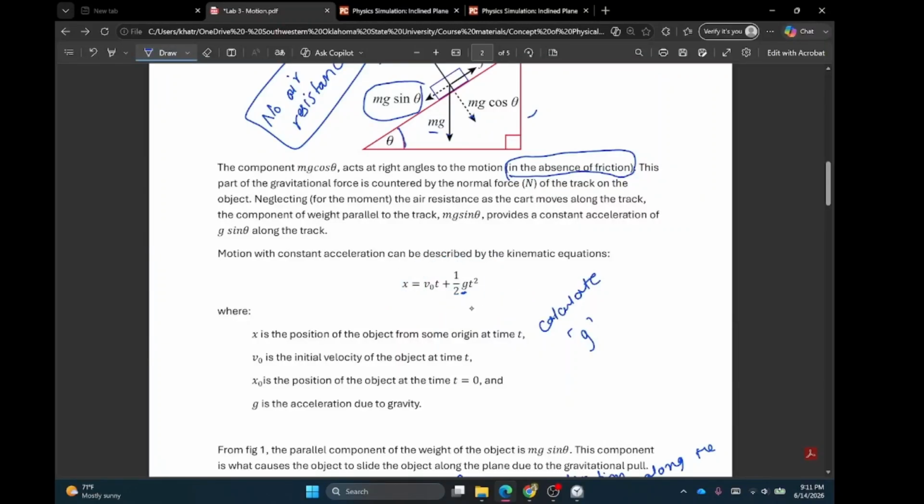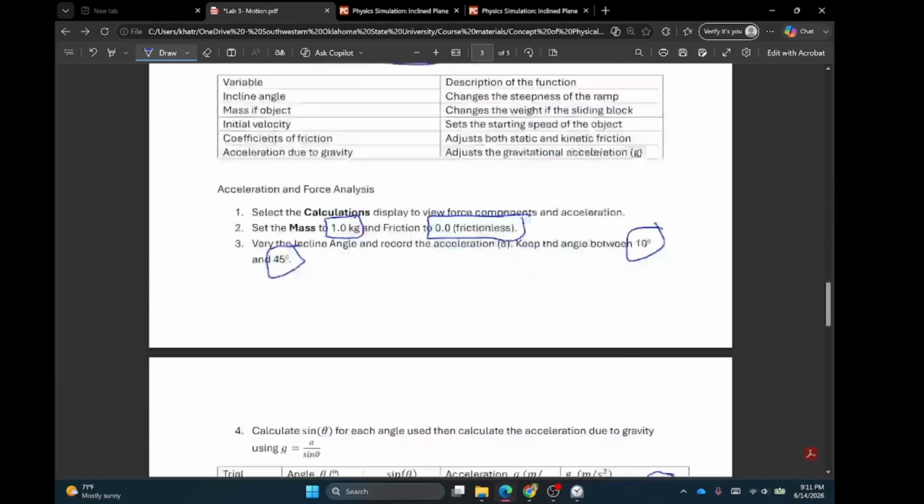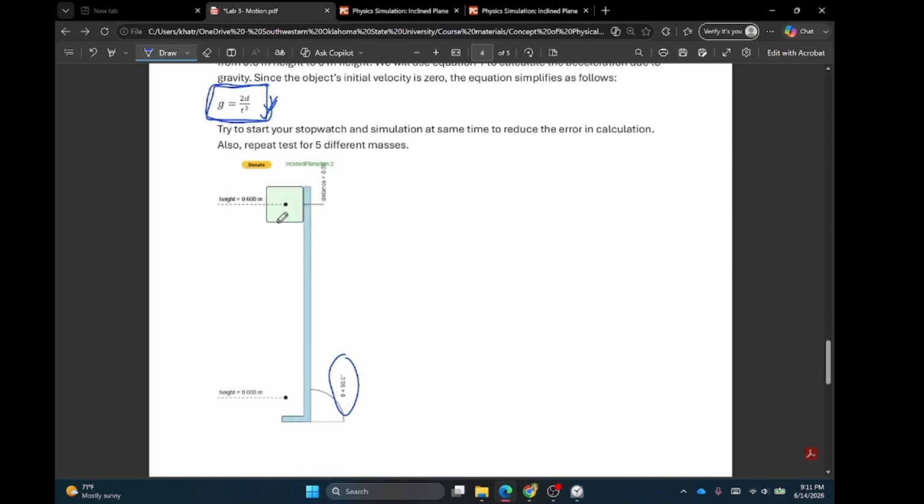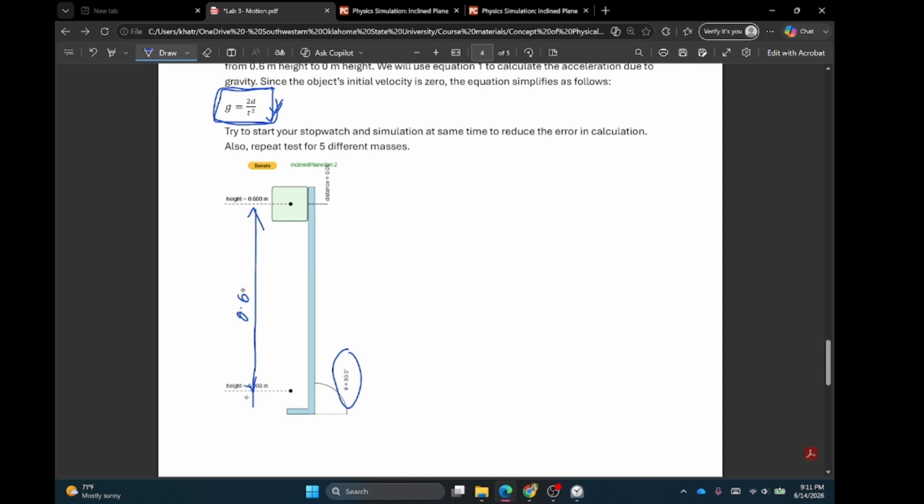We can change this formula to this simplified formula. Because there's no initial velocity, we can simply ignore the v naught t term and change that equation to this equation, where d is the distance covered by the object. In this scenario, that will be 0.6 meter.